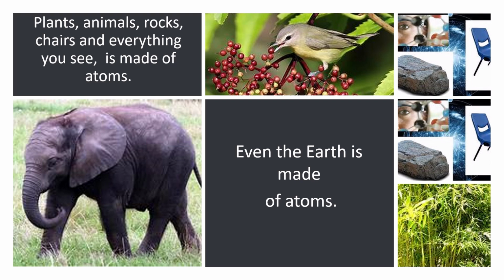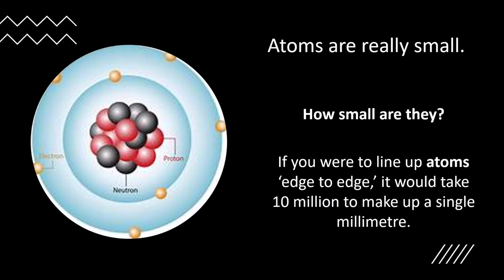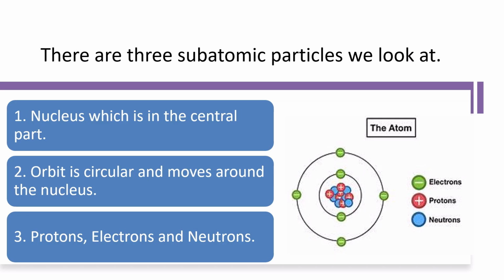Even the earth is made of atoms. Atoms are really small. How small are they? If you were to line up atoms edge to edge, it would take 10 million to make up a single millimeter. There are three subatomic particles we look at.